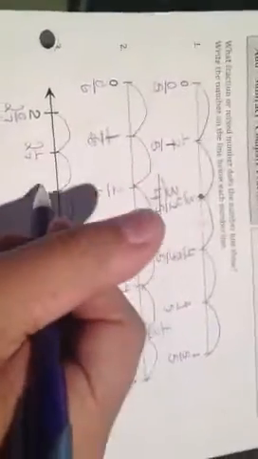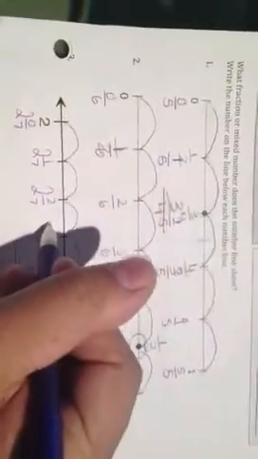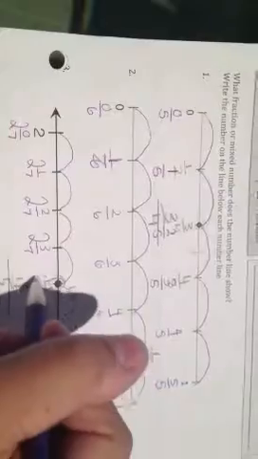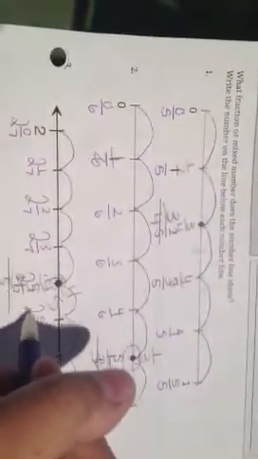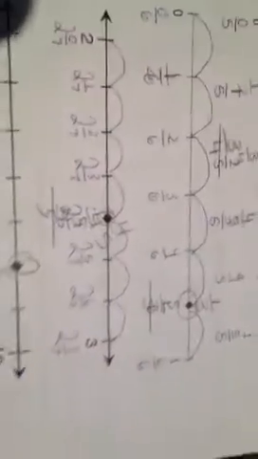Since it's not between 0 and 1 anymore, it's between 2 and 3. So it's 2 and 0/7, 2 and 1/7, 2 and 2/7, 2 and 3/7, 2 and 4/7, 2 and 5/7, 2 and 6/7, and then finally 2 and 7/7.